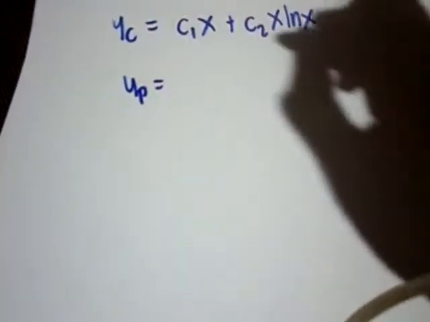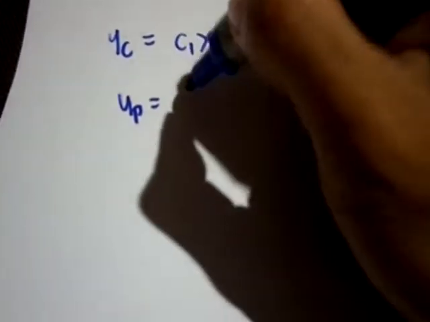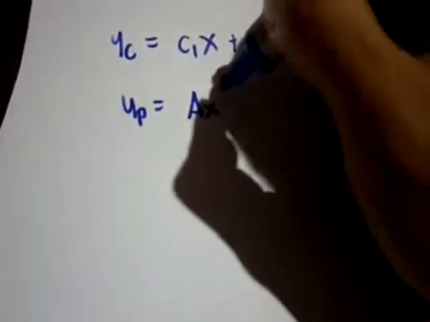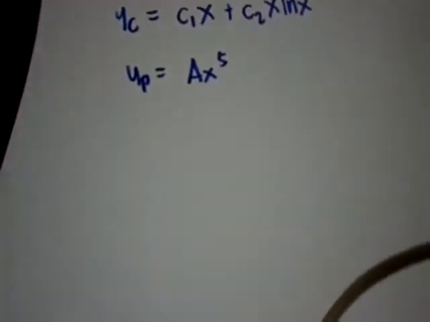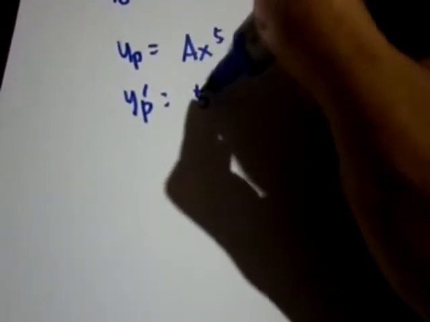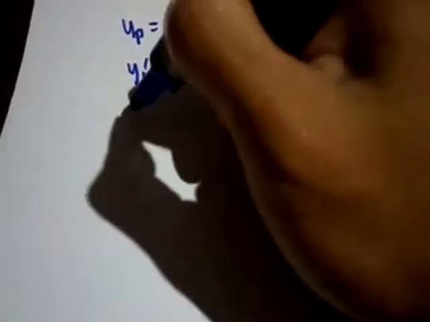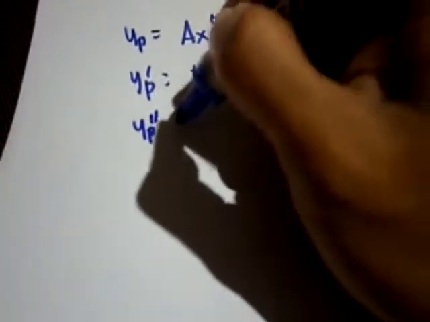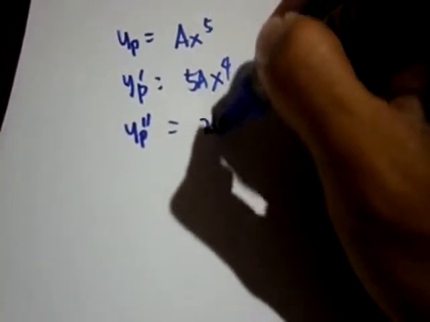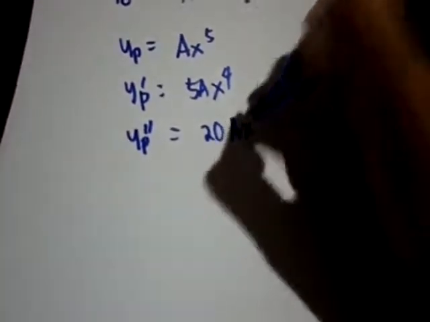So let's assume that yp is equal to a x to the fifth. Then we take the first derivative of yp, which is yp prime equal to 5a x to the fourth, and yp double prime is equal to 20a x cubed.